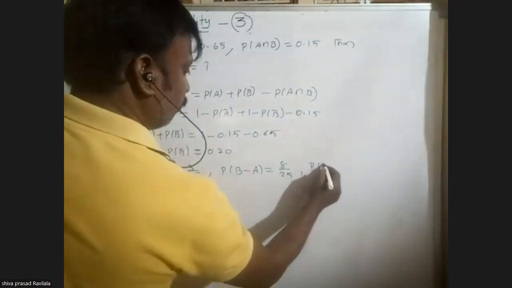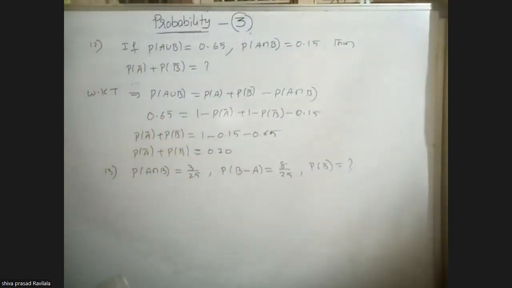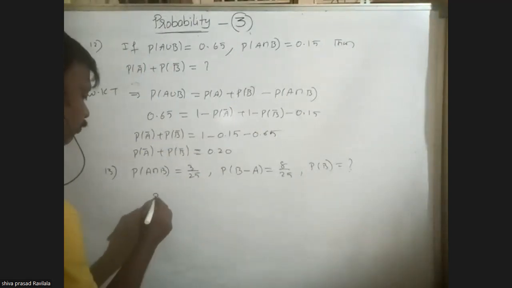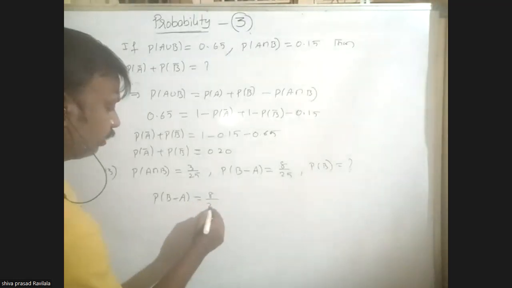Then the value of probability of B. How do you find probability of B by using these two conditions? Probability of B minus A is equal to 8 by 25.